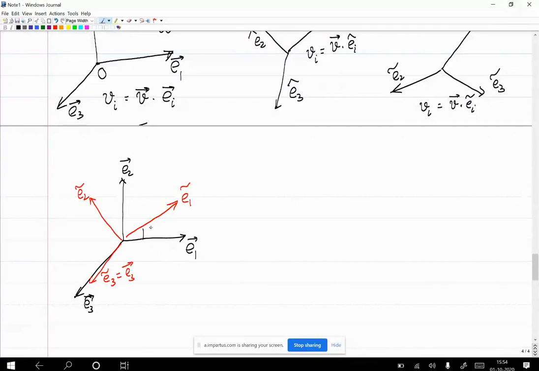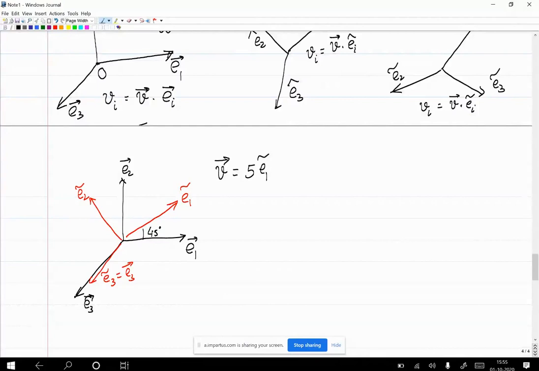And suppose this angle is 45 degrees. And think of a vector V, which is actually, let us say, 5 times E1 tilde. So that's the vector V.